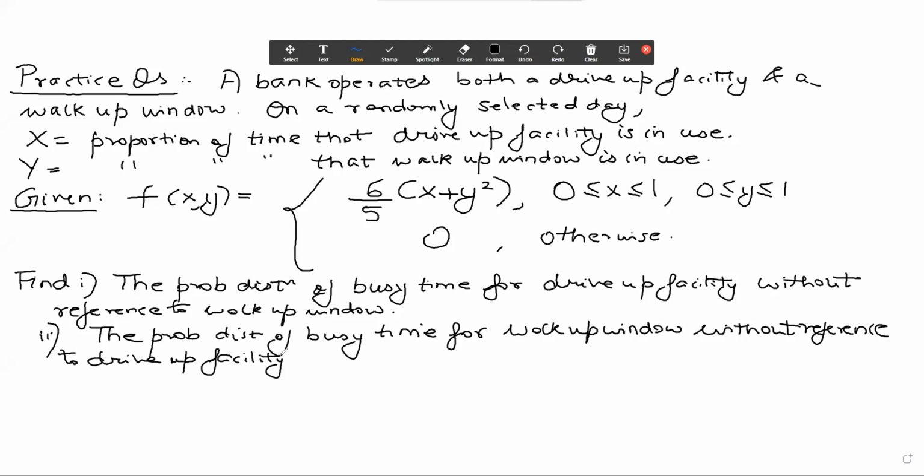And then, third thing, find the probability that Y lies between 1/4 and 3/4. So it's a big question.